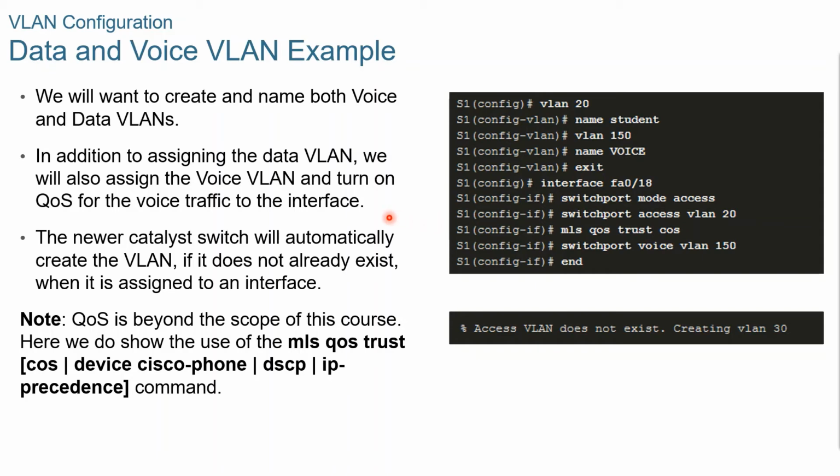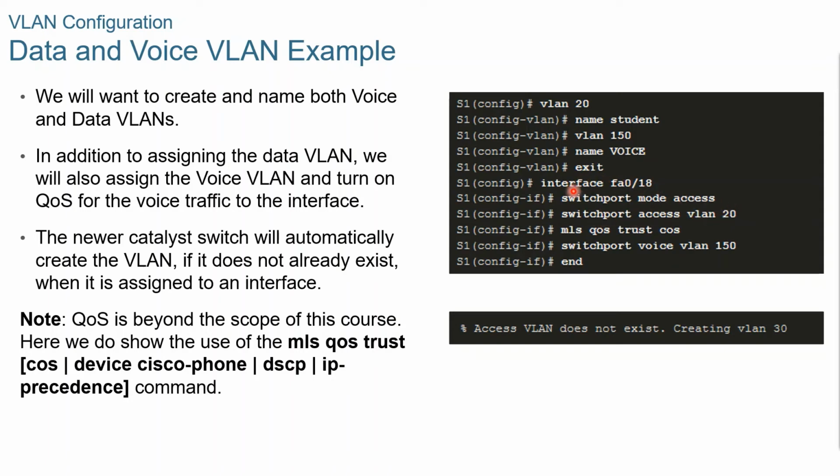So the configuration in the example creates two VLANs, starting with VLAN 20 named student and VLAN 150 named voice. So we have created two different VLANs. Then we are going to assign voice traffic to VLAN 150 and enable QoS classification on that VLAN. So that would be FA0/18, switchport mode access, switchport access vlan 20.